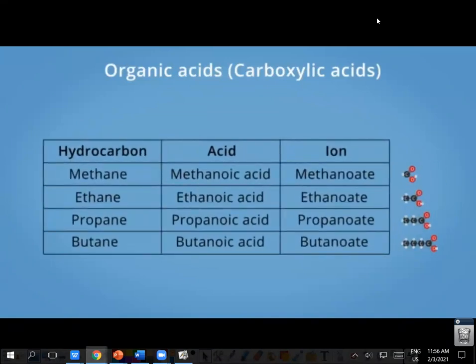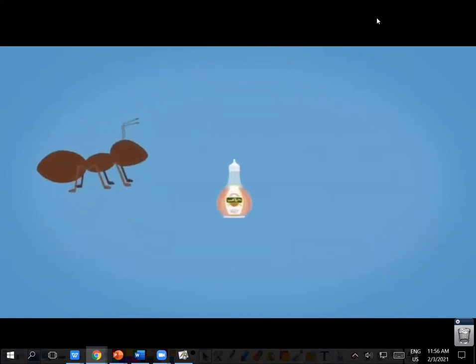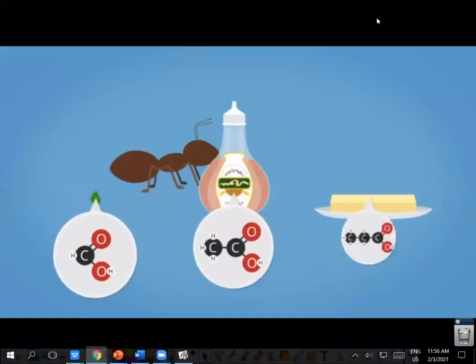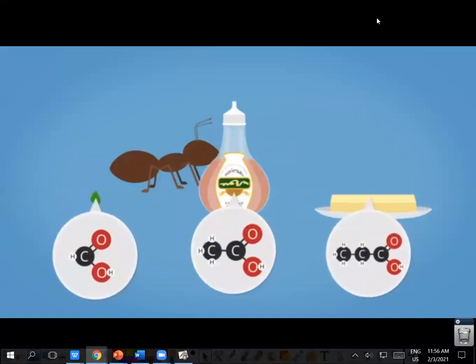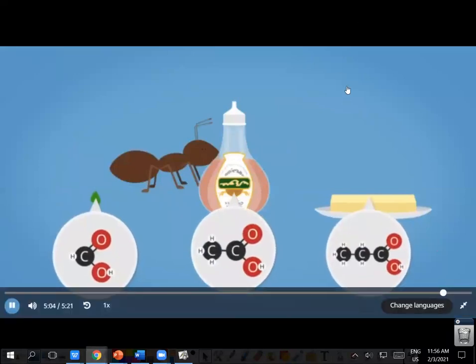The hydrogen in the carboxyl group can leave the molecule. That's what makes these compounds acidic. When they lose a hydrogen, what's left is a negative ion with a name ending in -oate: methanoate, ethanoate, and so on. The shorter the carbon chain is, the stronger the acid gets. So, which of these has the strongest acid?